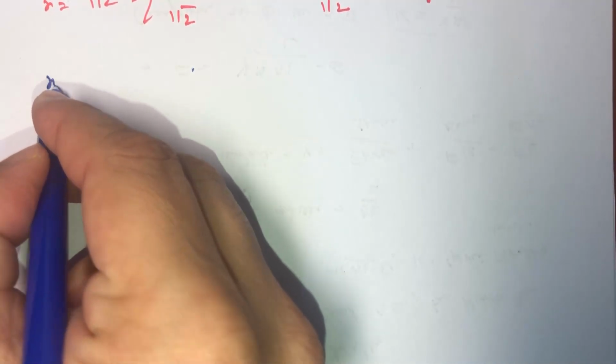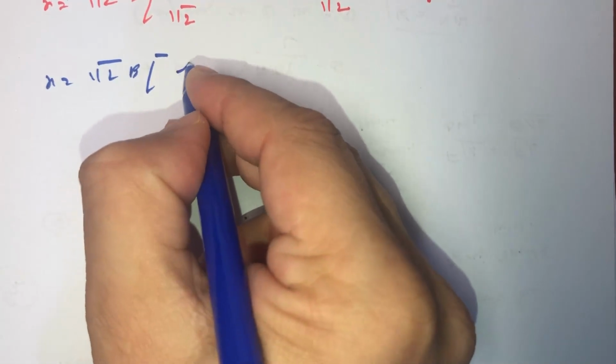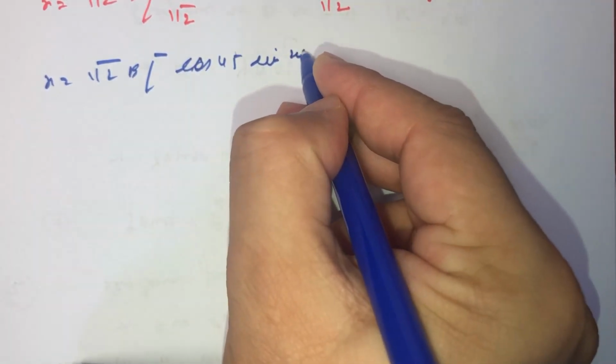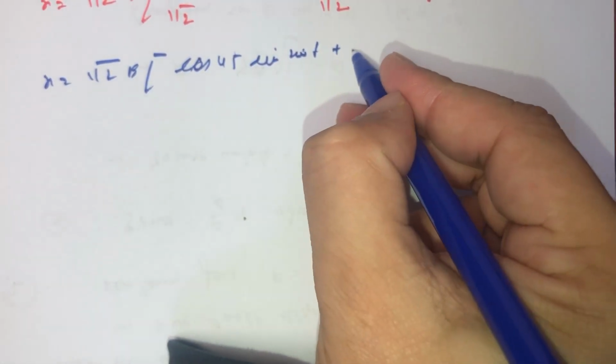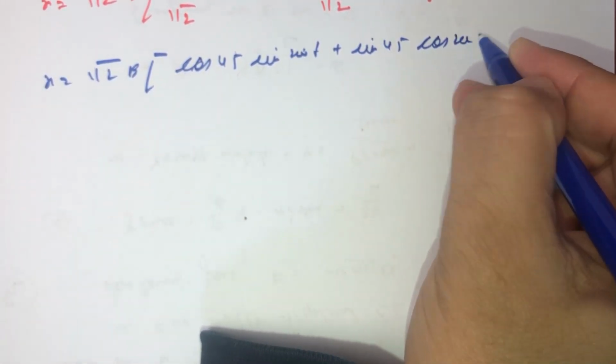So now we can write this as B, this becomes cos of 45, and we have sine of 2 omega t plus sine of 45 cos of 2 omega t.